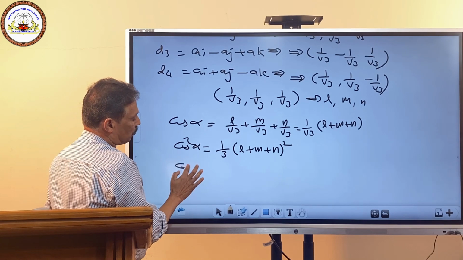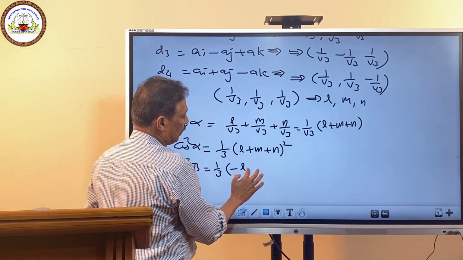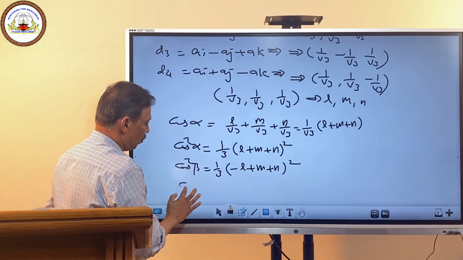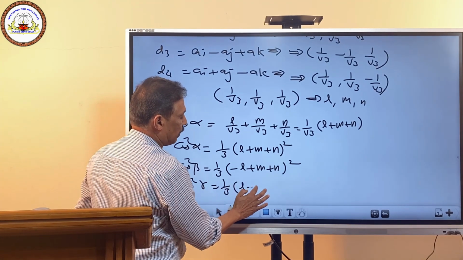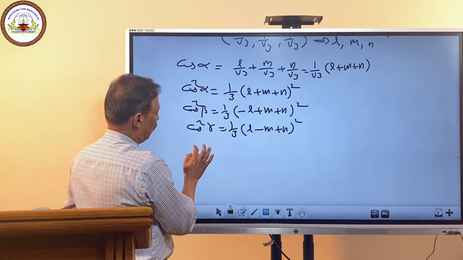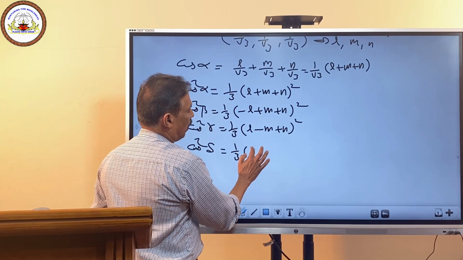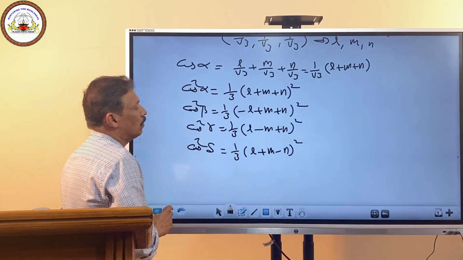Similarly, cos square beta equal to 1 by 3 into (minus l plus m plus n) all square. And cos square gamma equal to 1 by 3 into (l minus m plus n) all square. Then cos square delta is 1 by 3 into (l plus m minus n) all square.